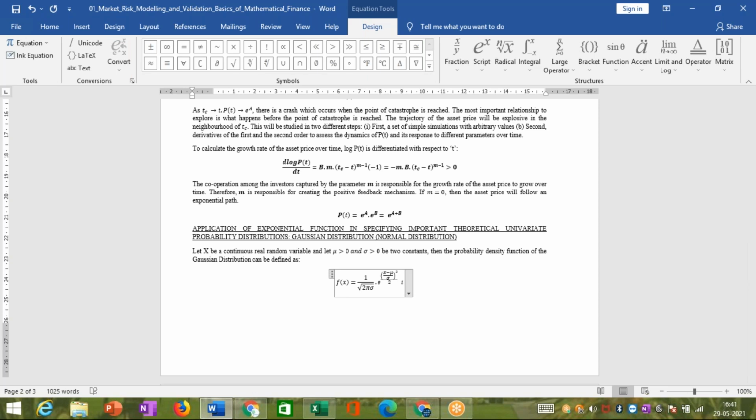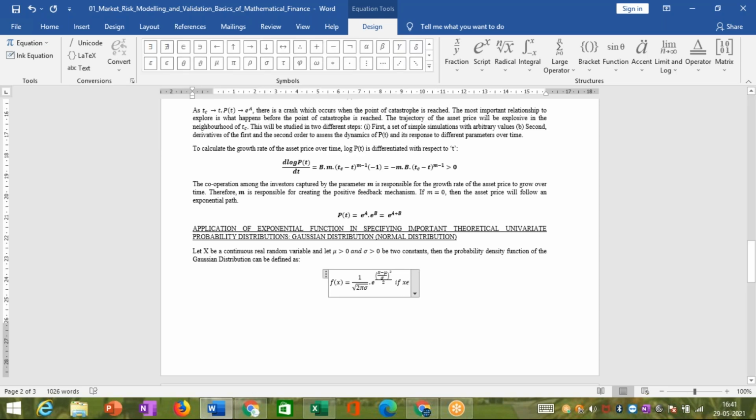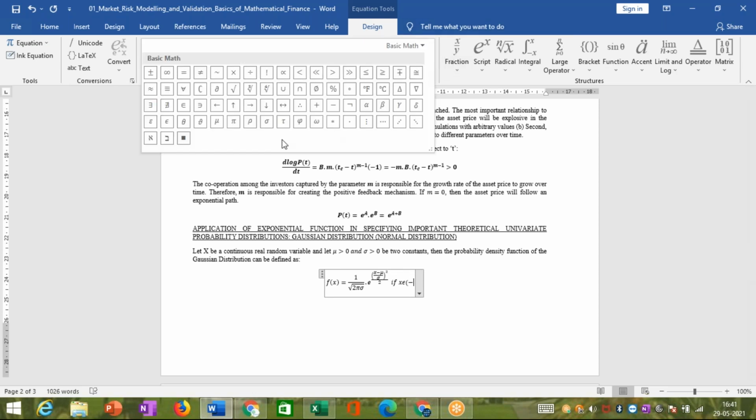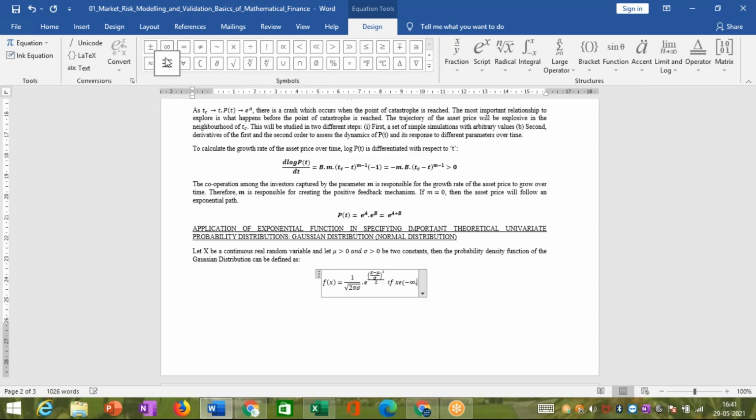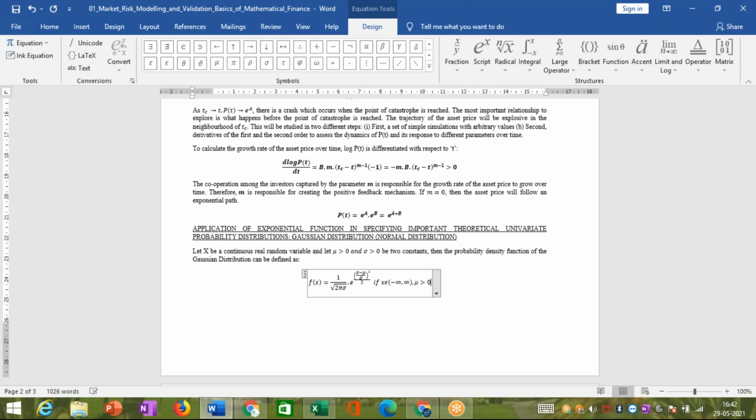Now, when will this hold? If x belongs to minus infinity to plus infinity, mu is greater than 0 and sigma is greater than 0.